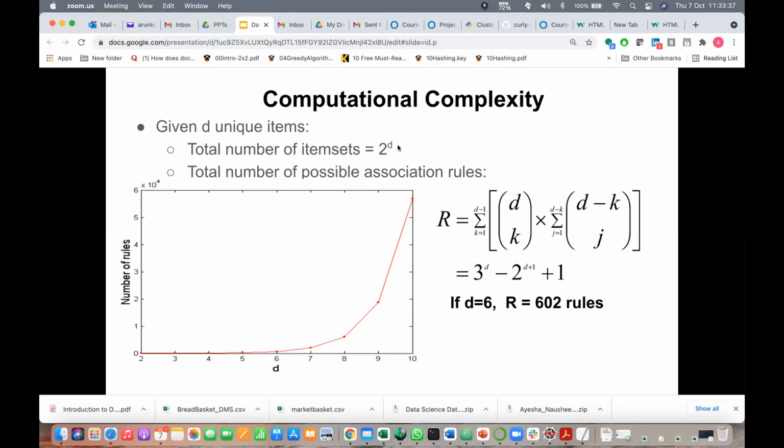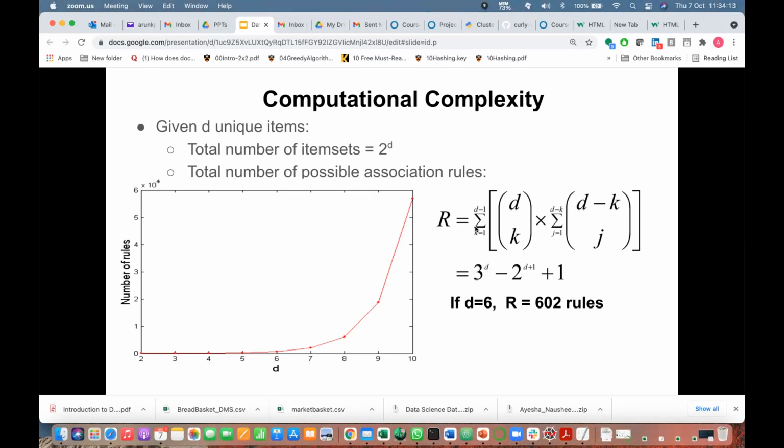So why are we computing this? What is the heading of this slide? How many rules can we form? Based on the number of items in our collection, how much computation do we need to do to find the association rules between the items?